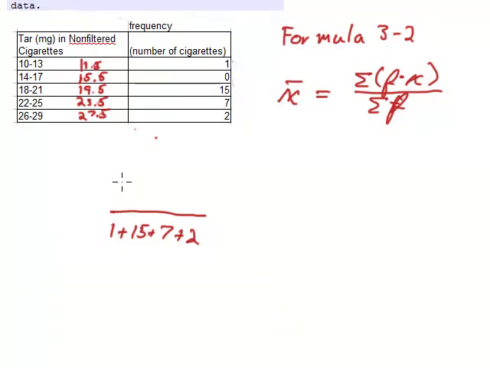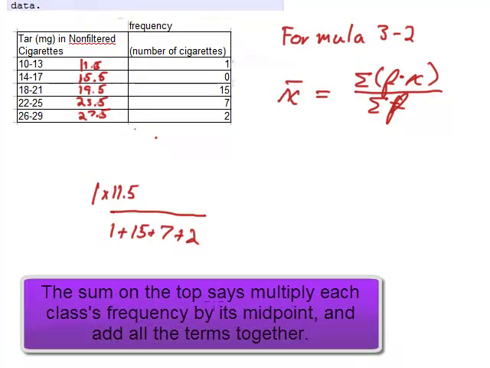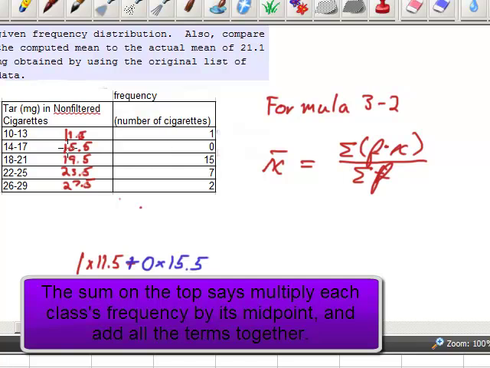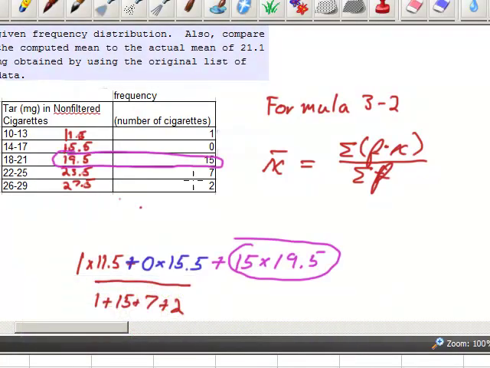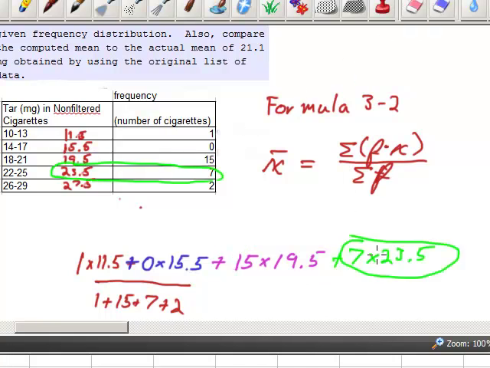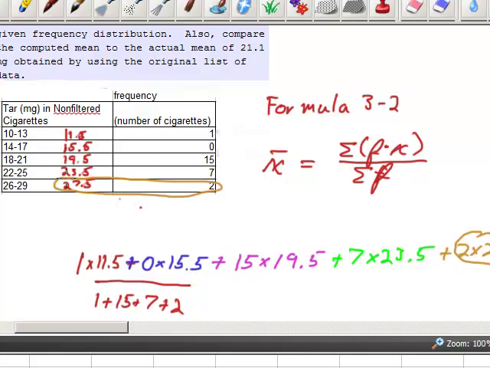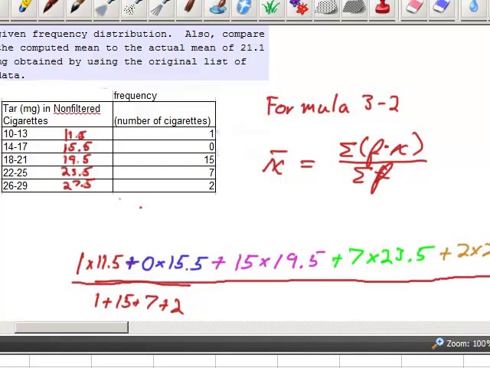And then the sum on the top is 1 times 11.5 plus 0 times 15.5 plus 15 times 19.5 plus 7 times 23.5 plus 2 times 27.5. Now we're going to add all of those products together.